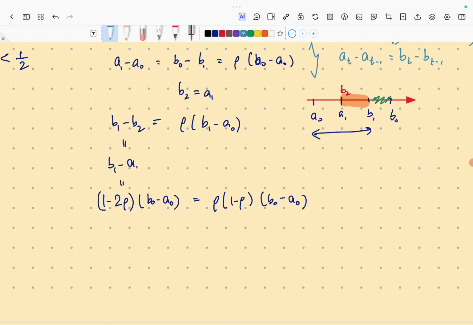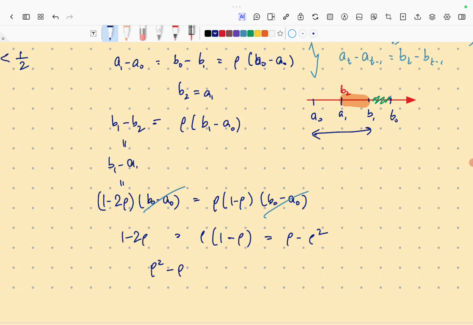Okay, good. So then I can cancel this B0 minus A0 on both sides, and all I get is a simple equation: 1 minus 2 rho equal to rho into 1 minus rho, which is rho minus rho square.